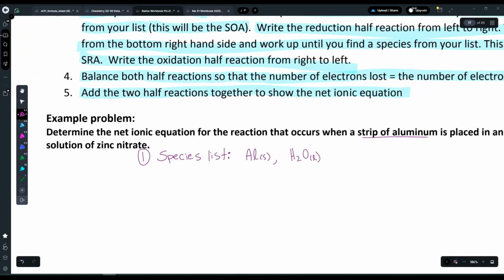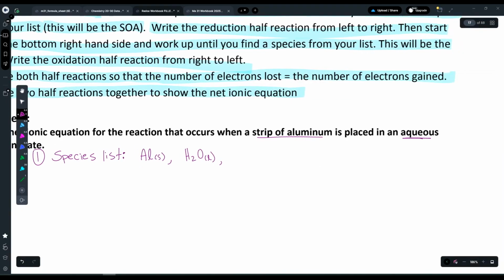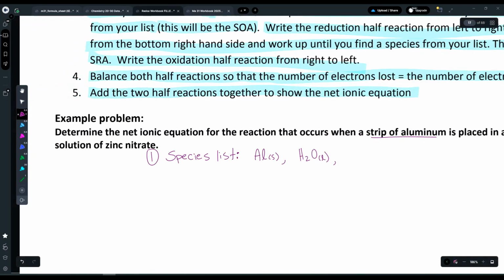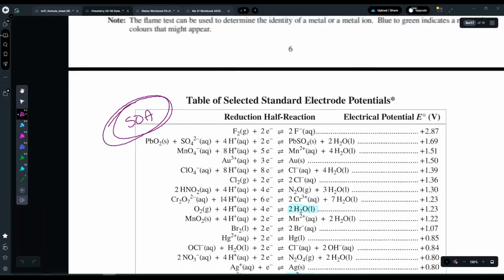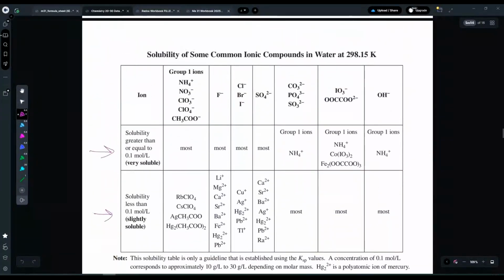And since it's zinc nitrate, typically if the question says it's an aqueous solution of zinc nitrate, that means that this substance can dissolve in water, but let's just get some practice in using our solubility table.